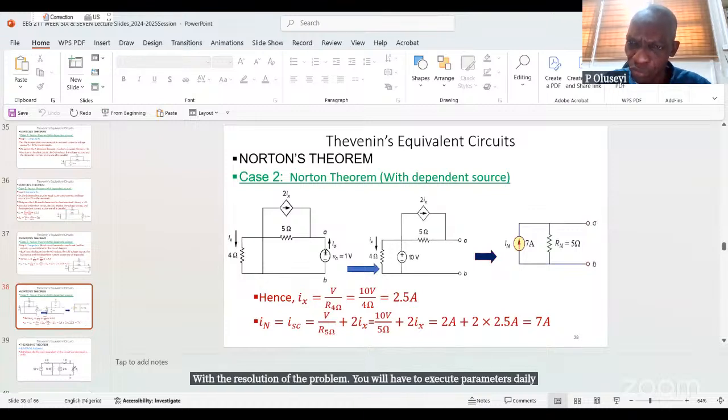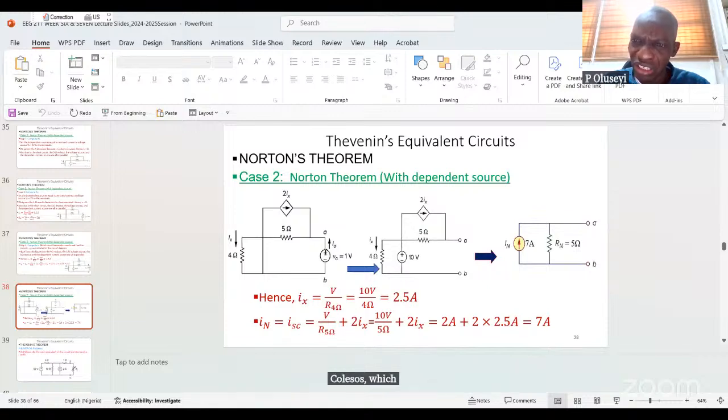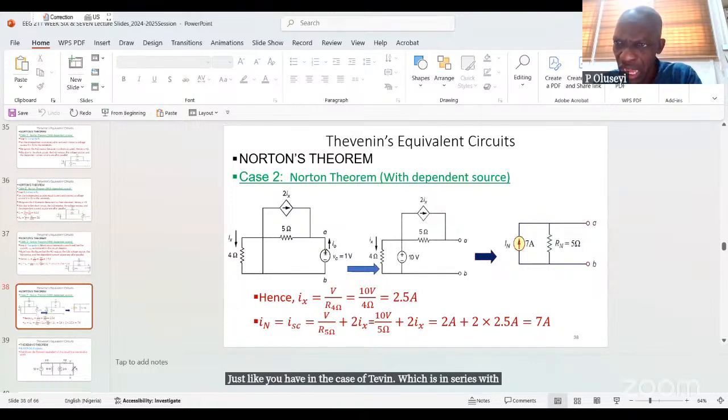You will have this current source in parallel with the equivalent resistance, just like you have in the case of Thevenin, the voltage source in series with the equivalent resistance.